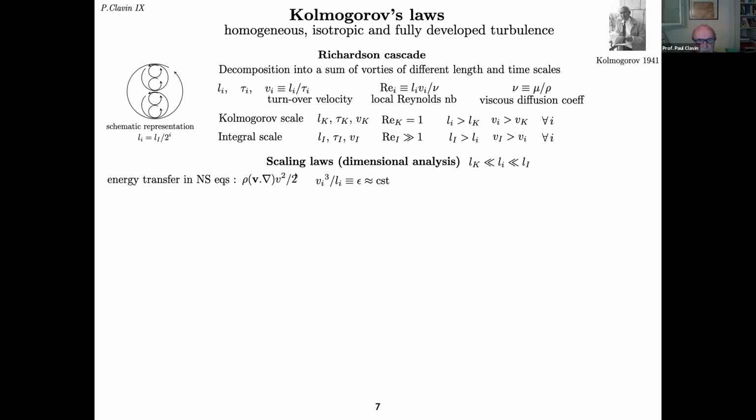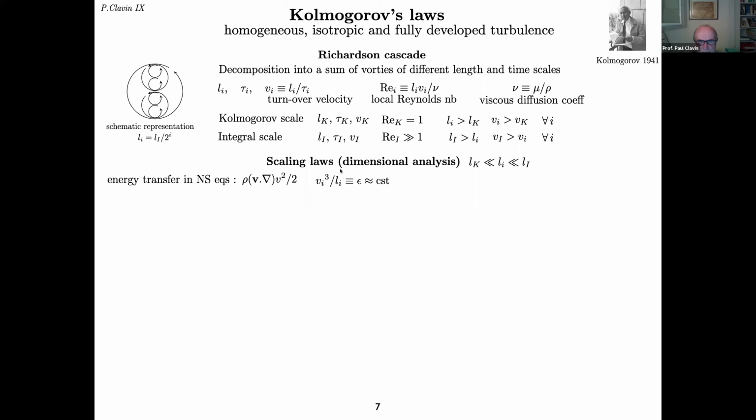The dimension of this quantity, which is the energy transfer in the Navier-Stokes equation, is simply, forgetting about rho, the cube of the velocity divided by the characteristic length of the inhomogeneity that you are considering. And if we are in steady state, this transfer should be uniform, constant.